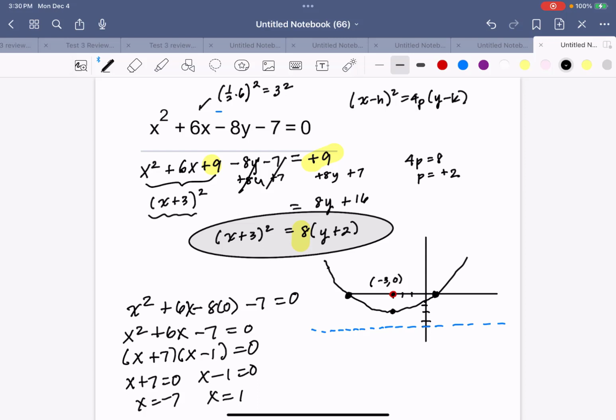So our vertex is at -3, -2. Our focus is at -3, 0. Our directrix was the equation y equals -4, because our p was 2, so we had to go down 2 from the vertex to get our directrix, so it's at -4.